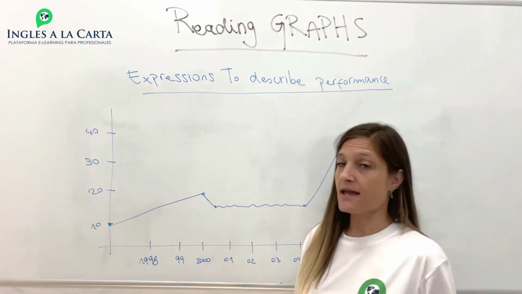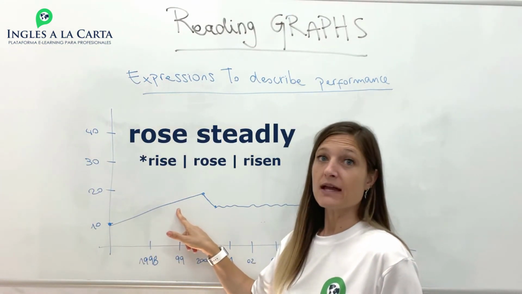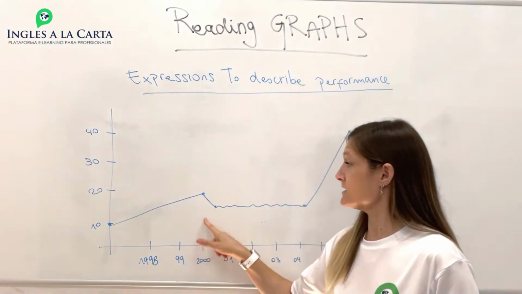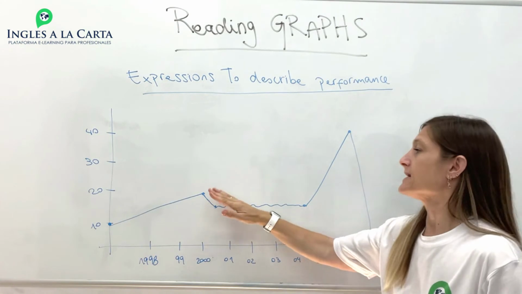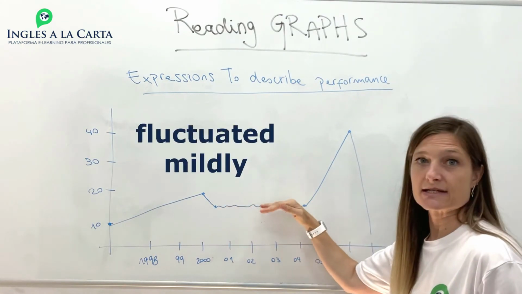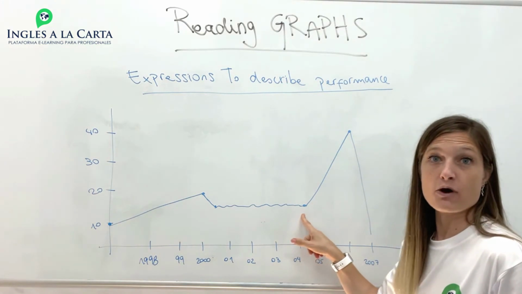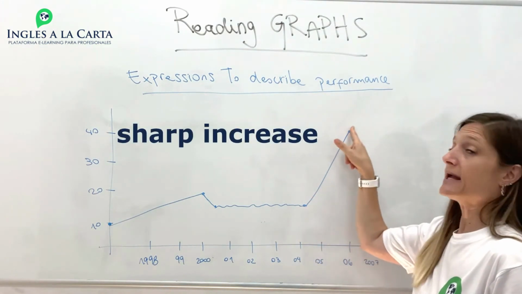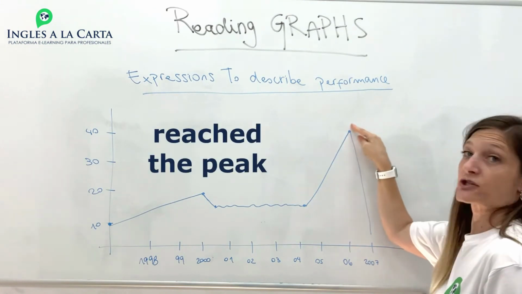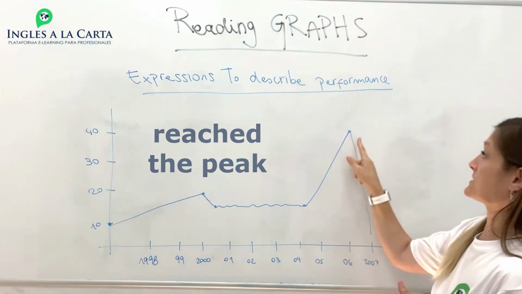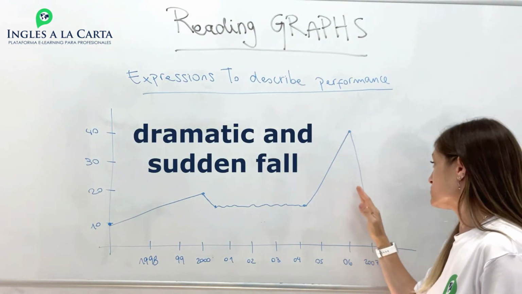And we can say that the price rose steadily and then in 2000 it dropped slightly. Then it fluctuated mildly and in 2004 there was a sharp increase. We can say that the share price reached the peak in 2006 and the following year there was a dramatic and sudden fall.